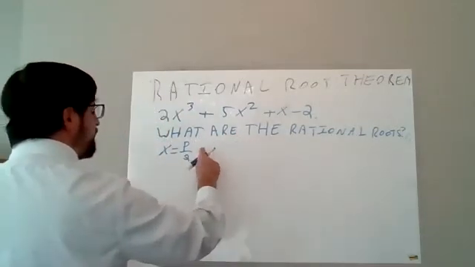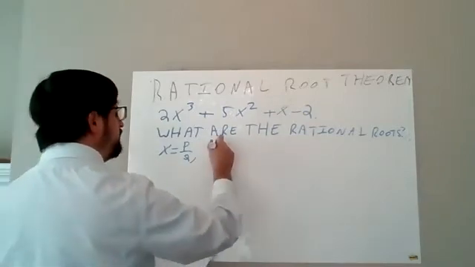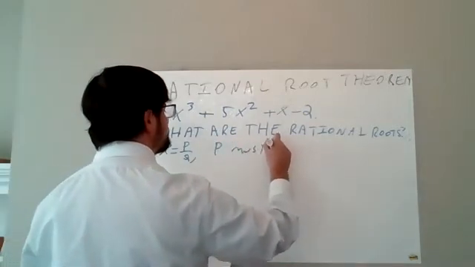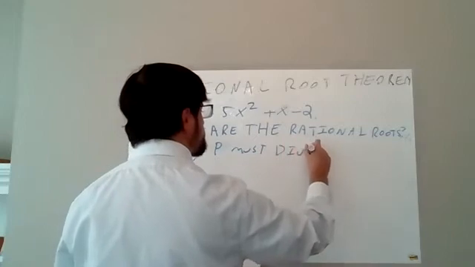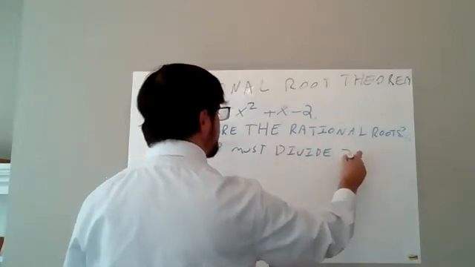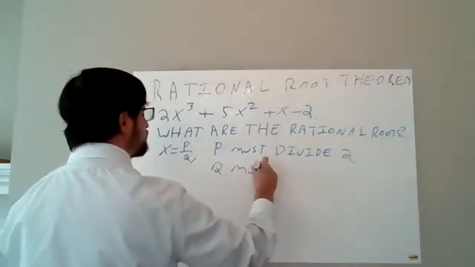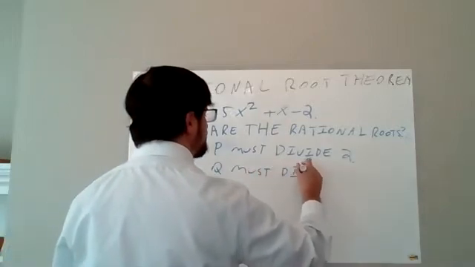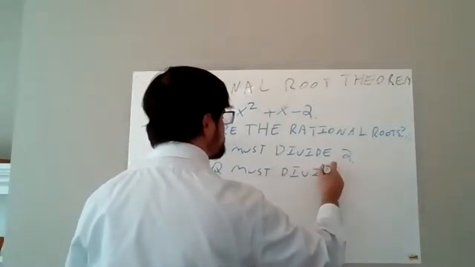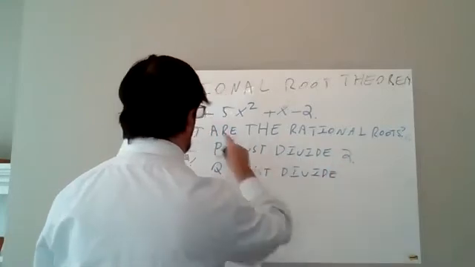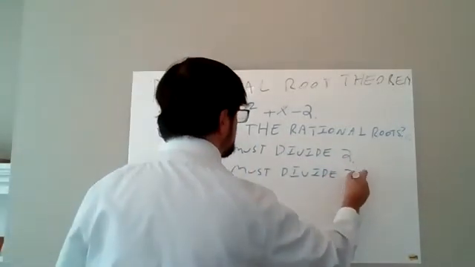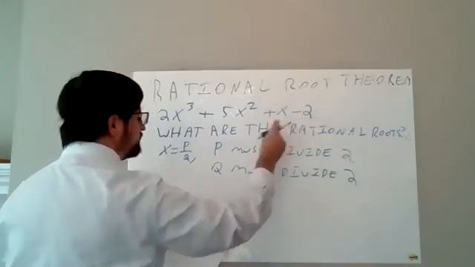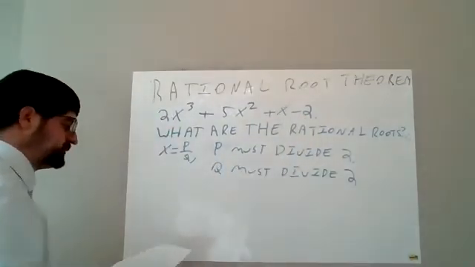And now p must divide 2, and q must divide, actually also 2 in this case. P has to divide this number, q has to divide that number, but they're both 2.